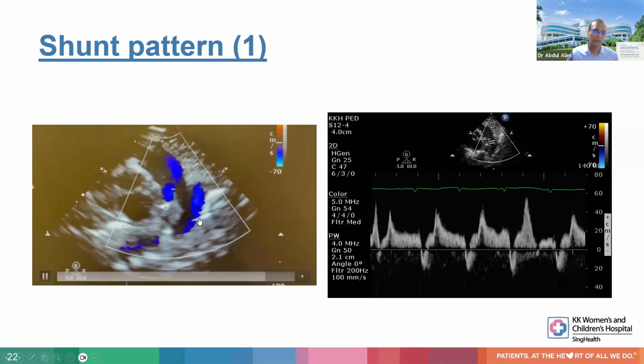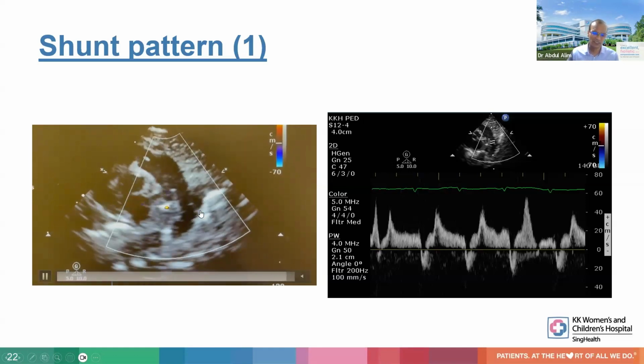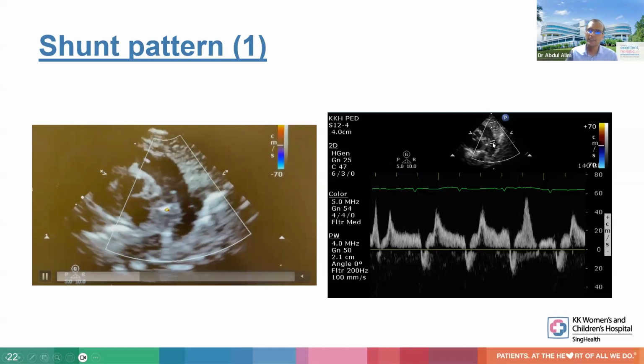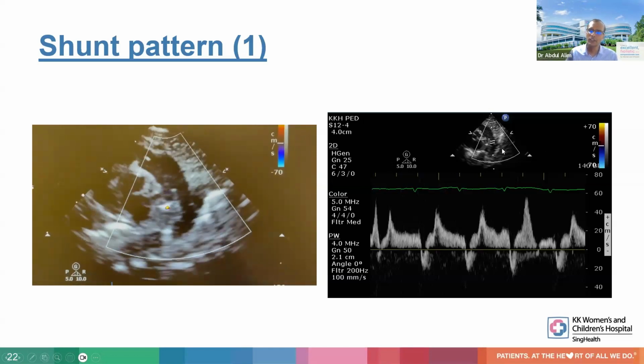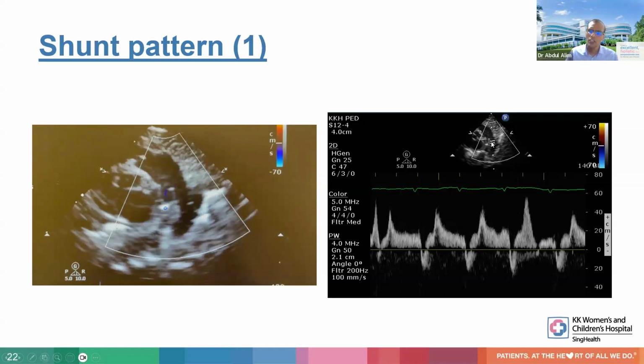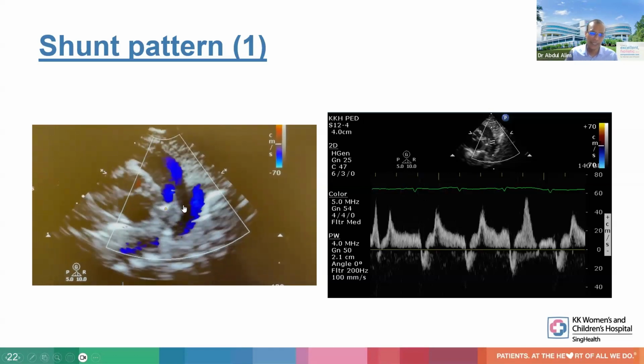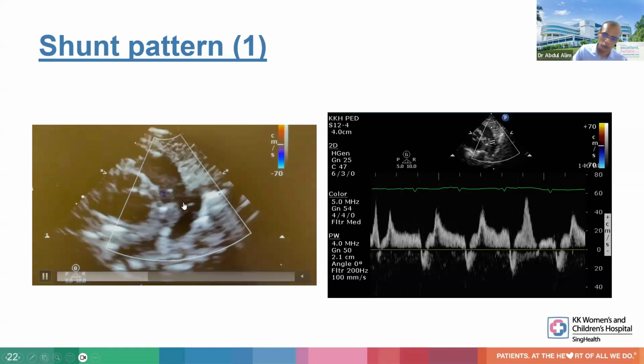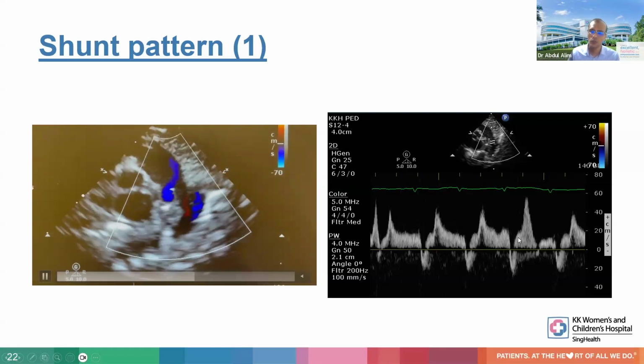And this blue flow is the distal descending thoracic aorta. When we put a pulse wave cursor, these two lines are the pulse wave sample volume. If you put it exactly in the middle there and hit the pulse wave Doppler button on the echocardiography machine, this is the flow you will get.